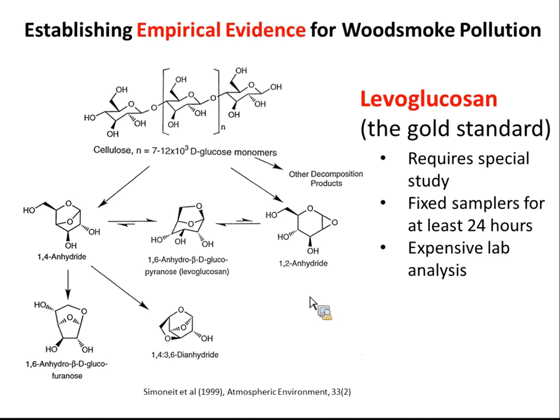And it's used as a pretty reliable tracer of wood smoke under ambient conditions. But generally, we've got to collect this stuff on a filter. We've got to send the filter to the lab. So it takes a special study and relatively expensive laboratory analyses if you want to do this over a long period to measure levoglucosan. It's kind of a boutique thing that would happen. We are also going to have to use fixed samplers if we want to do that rather than mobile sampling.